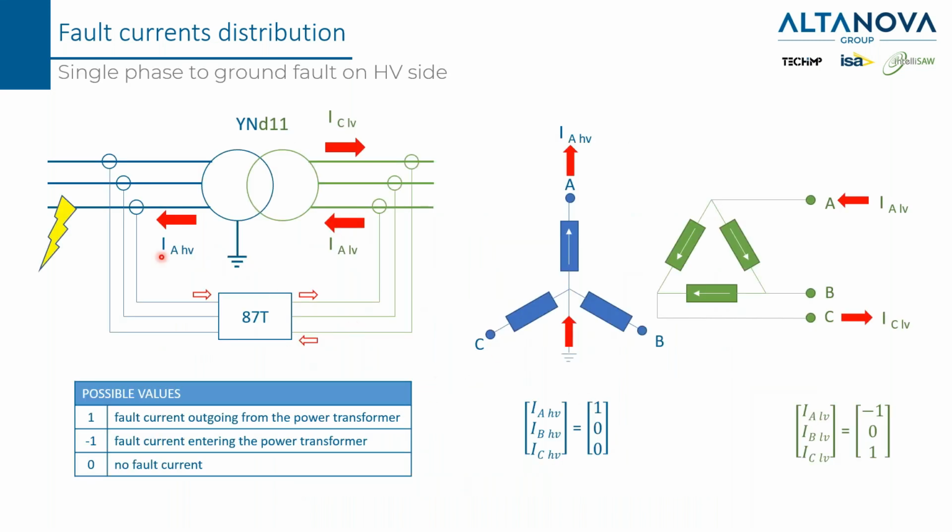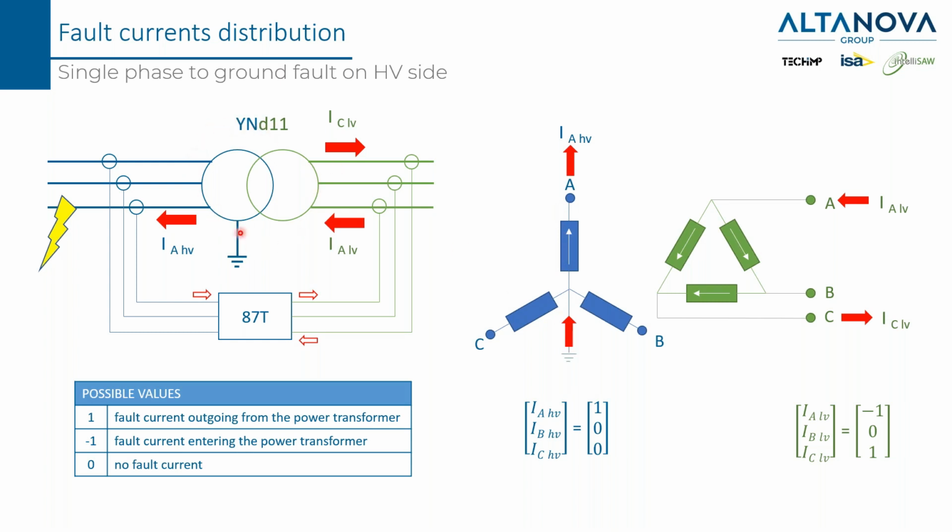For example, if the single phase to ground fault is on the high voltage side and this is a YN side, the current can flow only in one phase. In this example it is phase A. You can see the current is flowing only in phase A.